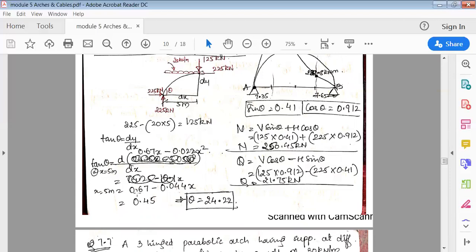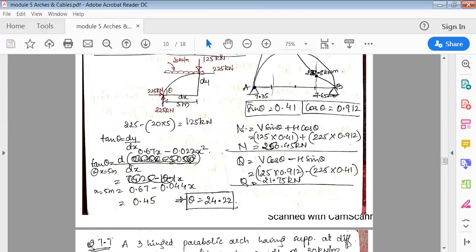Solve this equation, dy by dx. So theta is equal to 24.22. Now put this theta in this equation. Use this theta and find sine theta and cos theta, which we can use directly here. So V is 125.